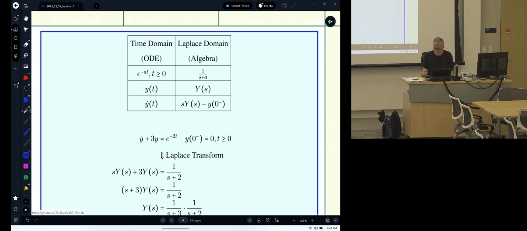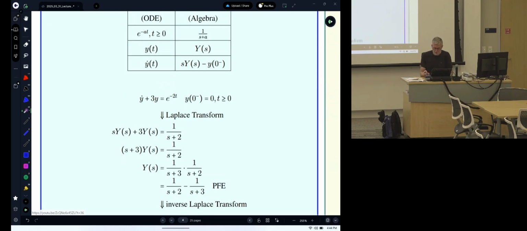It's a rational function, 1 over s plus a. The Laplace transform of a derivative, it'll be s times the original Laplace transform minus the initial condition. I'm going to make things simple. Let the initial condition be 0.